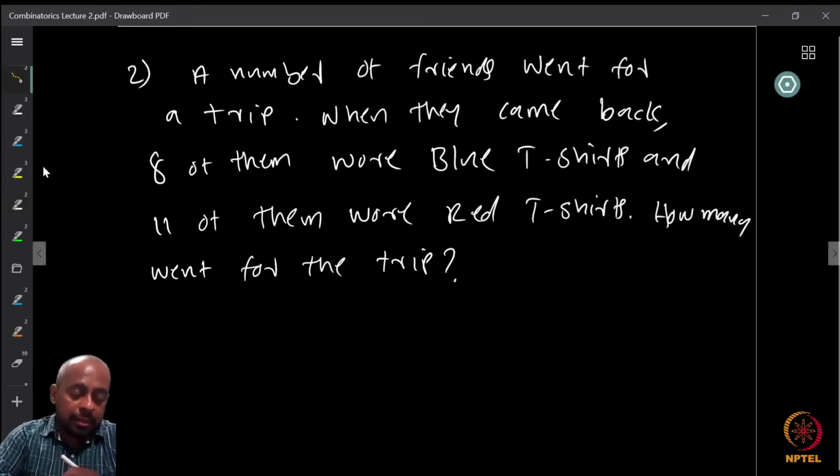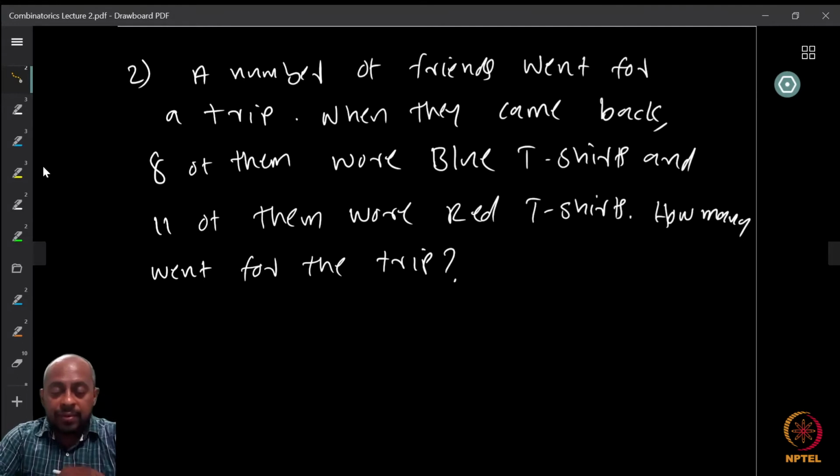Because what we know is that there were 8 people wearing blue t-shirts and 11 wearing red t-shirts. So we definitely know that there were at least 11 plus 8, 19 people who went for the trip. But the question doesn't say anything about other people who might be wearing, let's say, yellow or green or other shirts.